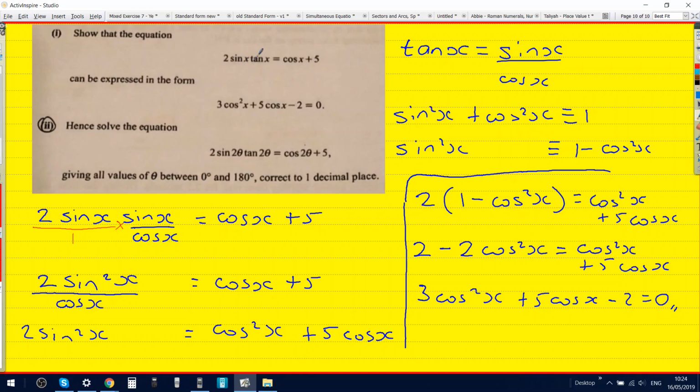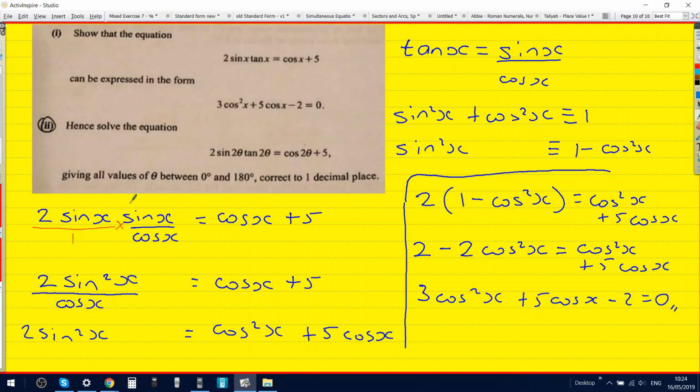So change tan x into sine x over cos x first. Simplify it and remove any fractions, keep it simple. Then swap sine squared x for 1 minus cos squared x and simplify that. Any questions there? No, that's fine.